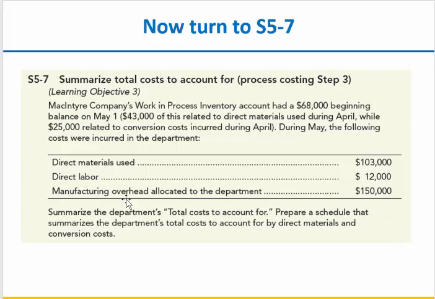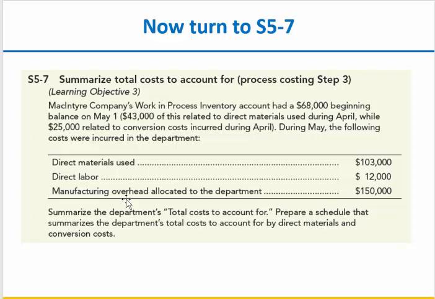So therefore, what's next is we are going to set up a table. Then you are going to have a beginning balance of work in process, and you're going to have cost added during May. Then you have total cost to account for, and in the meantime, you're going to have 2 separate columns.